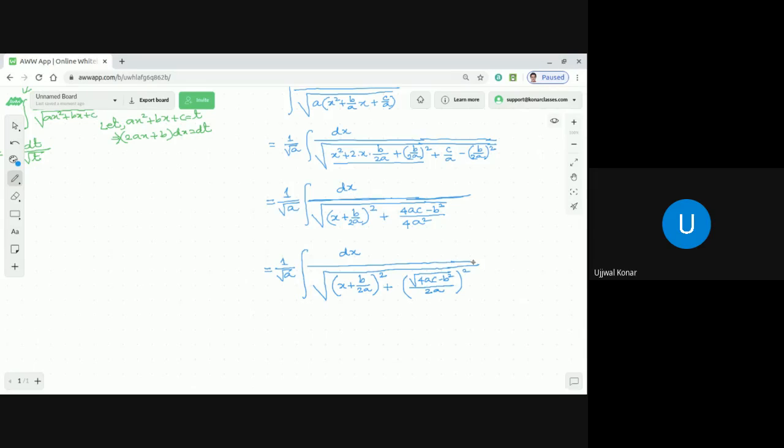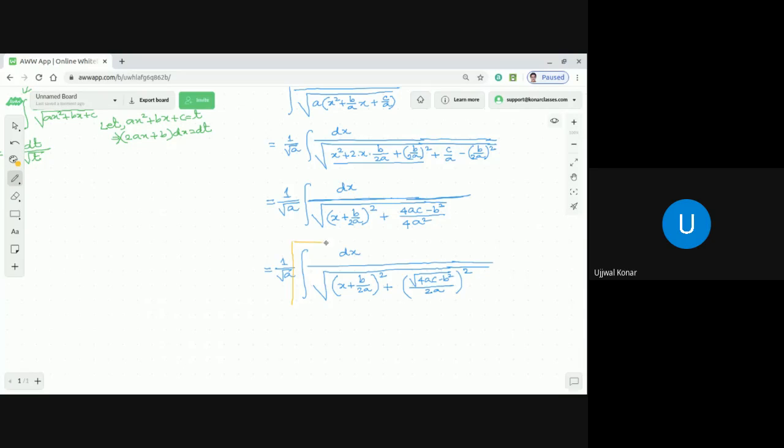Looks like these are complex expressions, if you may feel, but it is actually not. Apparently it looks like a big expression, but ultimately you will get some real number value. Then this integration is in the form of integration of dx by square root of x square plus a square, isn't it?